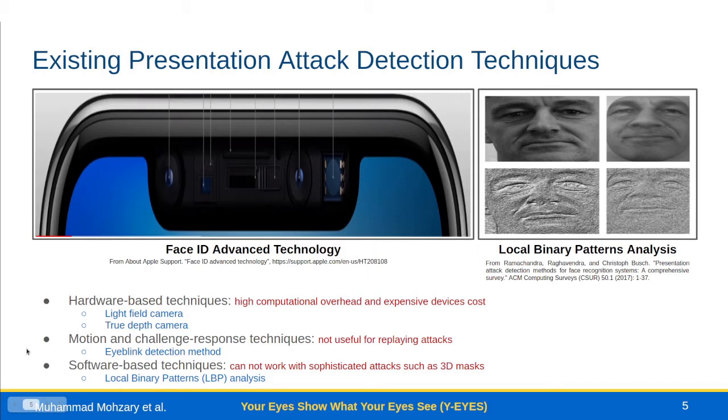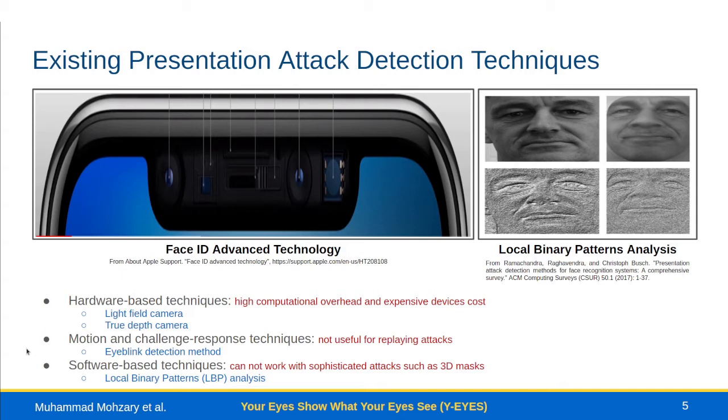Several presentation attack detection techniques have been proposed to identify liveness against level C attacks. These techniques can be classified into 3 types. First, hardware-based techniques, such as light field camera and true depth camera.